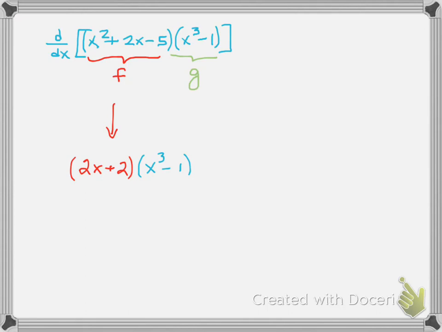And then what we will do is we will add to that the derivative of this second function. So we'll put that in green here for you. And that is just 3x squared. And we'll multiply that times the original first function of x squared plus 2x minus 5.